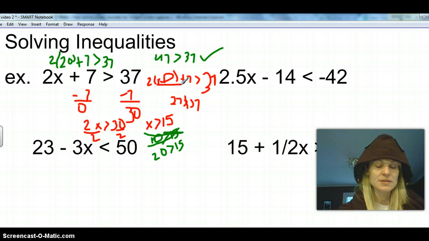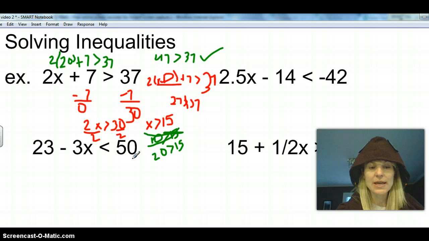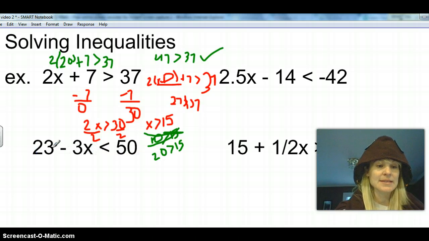Okay, so let's look at another example. Let's look down here. Here I have 23 minus 3x is less than 50. So again, this is multiplication, this is 3 times x, and this is a positive 23. And something we've been talking about a lot is you have to look to the left of the number to get its sign. So here, this is not 3x.